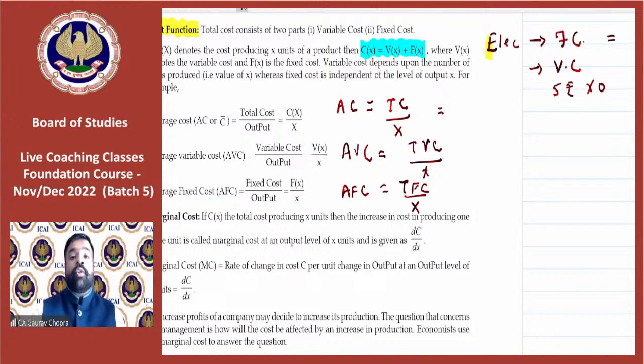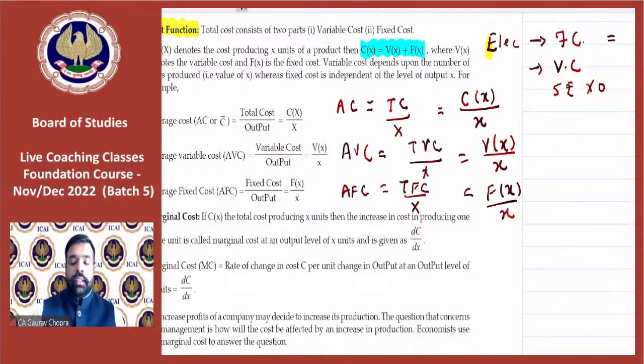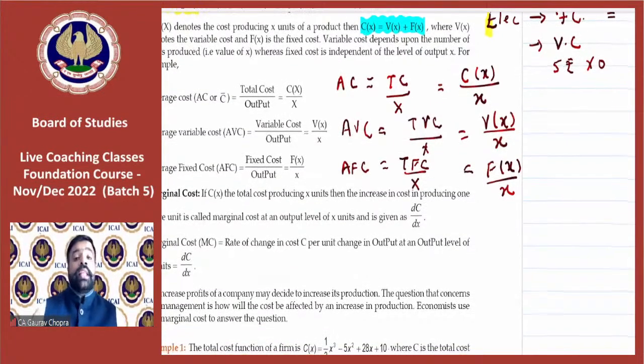So whenever we have to calculate the average cost AC, it is C(X), cost at X units, divided by X units. Variable cost at X units divided by X number of units, and the same is for fixed cost at X divided by X units. So in this manner, we can easily calculate the average. Okay.